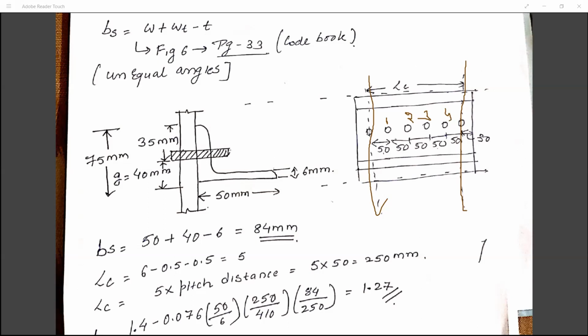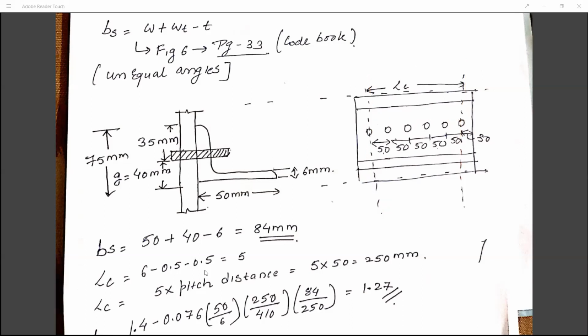So 6. Half will be left over from this end, half from this end. So that will become nothing but 5 bolts. Total are 6 bolts, half rupture failure here, half rupture failure here. So how much are we getting here? There, 5 bolts.